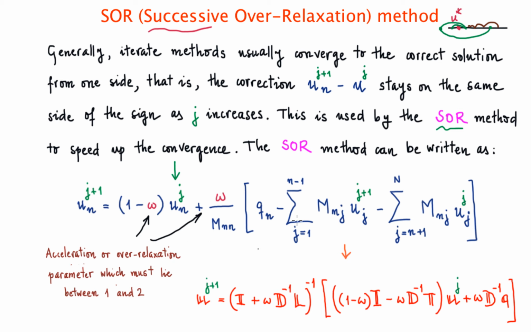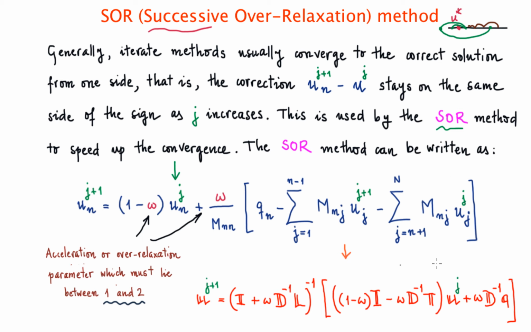So you are combining the two just using this parameter omega: 1 minus omega times the one obtained in the previous iteration, and omega times the one which is obtained in the iteration by the Gauss-Seidel method. And this omega parameter, which has to lie between 1 and 2, is the one which allows it to go from one side to the other. Because as you can see, if it goes from 1 to 2, this factor will be negative. So it allows the U vector to go from one side to the other.